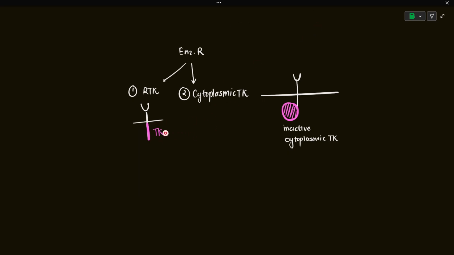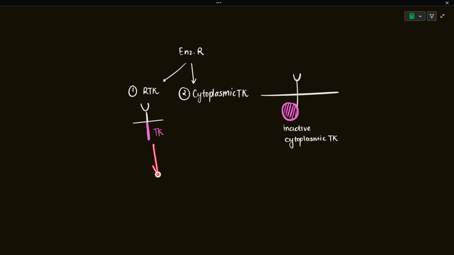As both of them have tyrosine kinases coupled with the enzyme, whenever an extracellular signal arrives in both cases, the downstream activities resemble a lot. The way the tyrosine kinase is autophosphorylated, it provides a docking site for SH2 domain containing proteins. In the same way, when the cytoplasmic tyrosine kinase gets activated, it also phosphorylates the intracellular domain of the receptor protein, which creates phosphotyrosine residues for the SH2 domain containing protein.